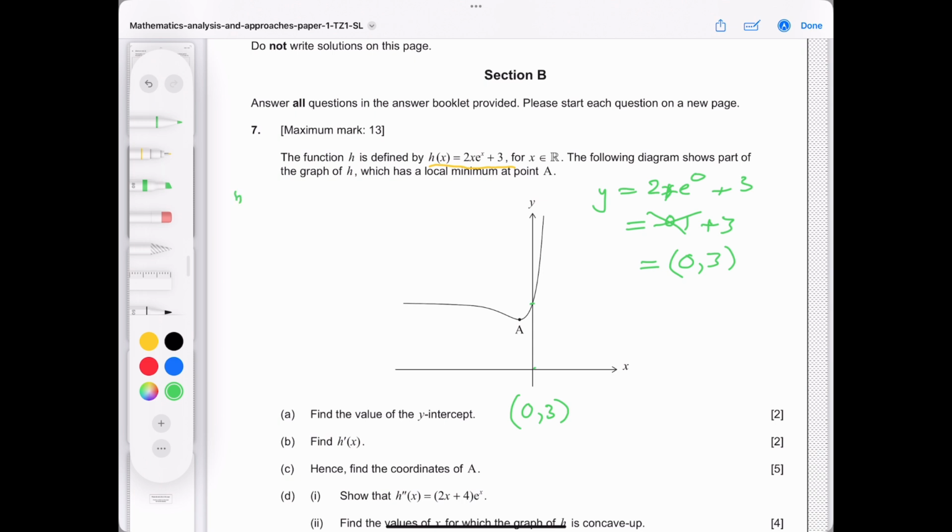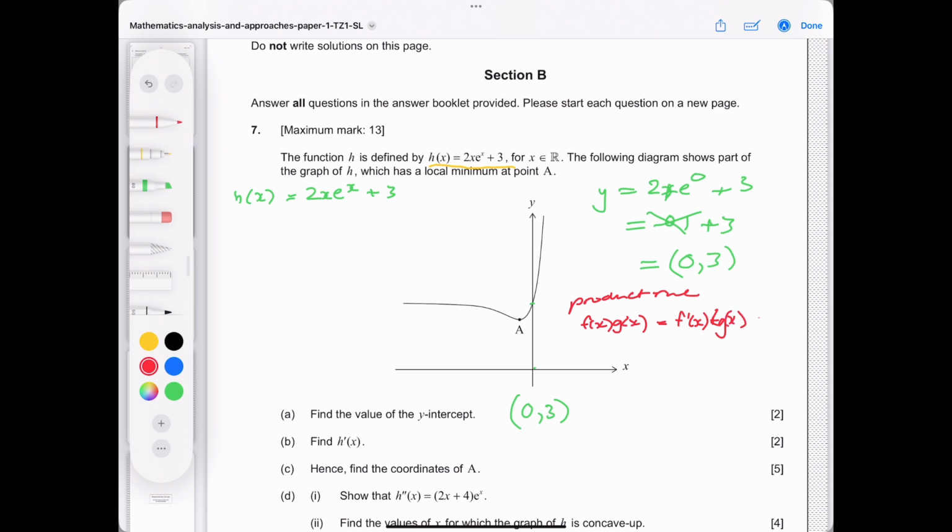If we've got h of x equals 2x e to the x plus 3, we're going to have to use the product rule, because the 2x is timesing the e to the x. So I'm just going to look up the product rule, and it looks like this. If we've got an f of x times a g of x, you get f dash x times g of x, plus g dash x times f of x.